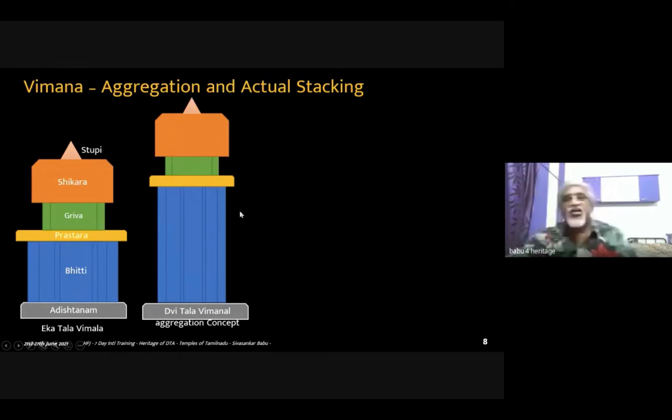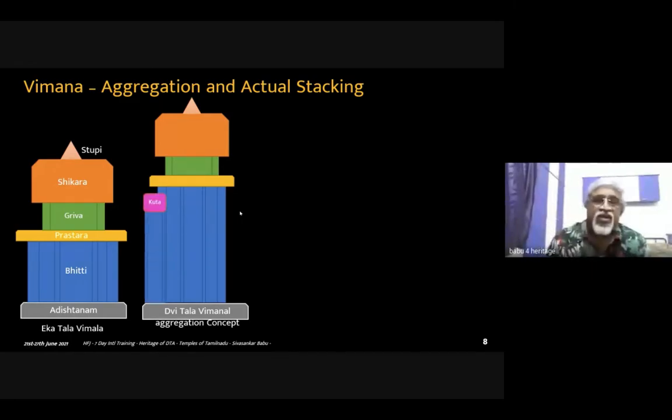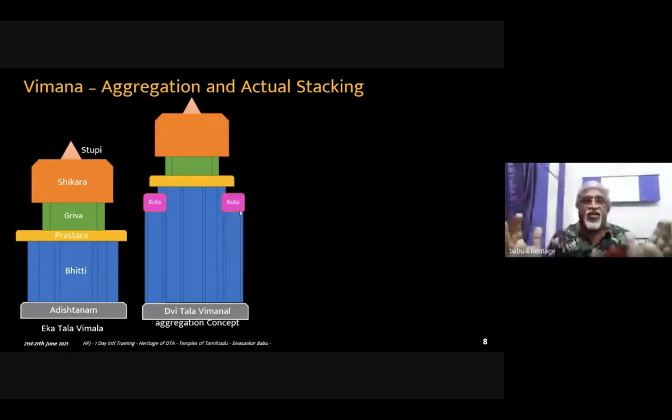So the chances of toppling and leaning like the Pisa tower are more. So what they do is, like I said, they put half temples like this on all the four sides. Let us say 3 plus 2 plus 2 plus 1.